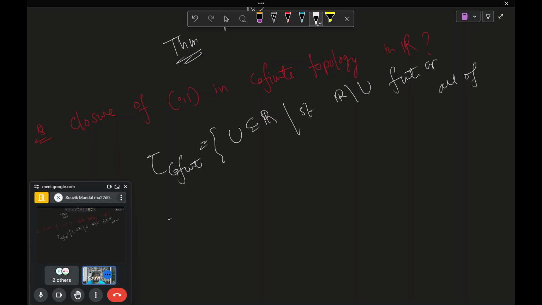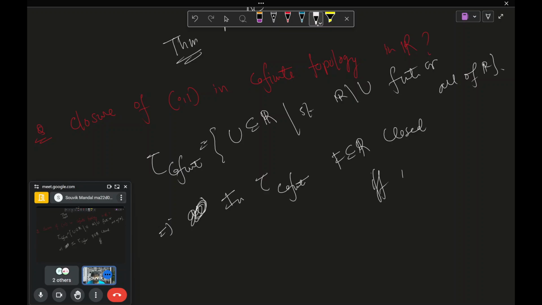So this implies that in the cofinite topology, a proper subset of R is closed if and only if it is finite. From the definition, it is coming.